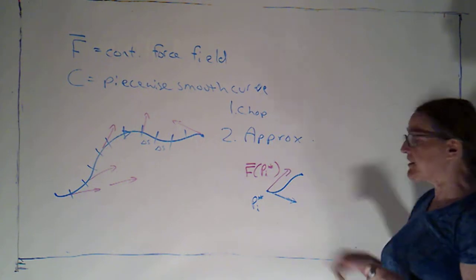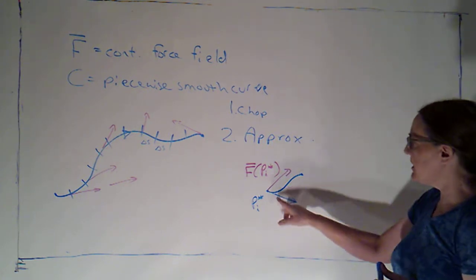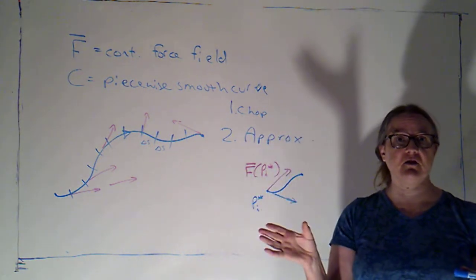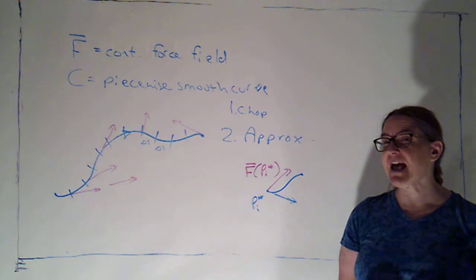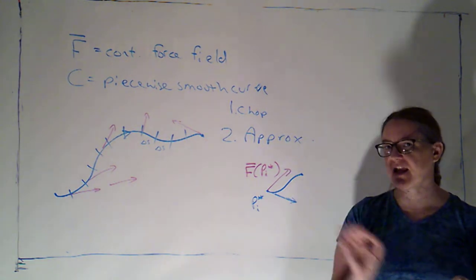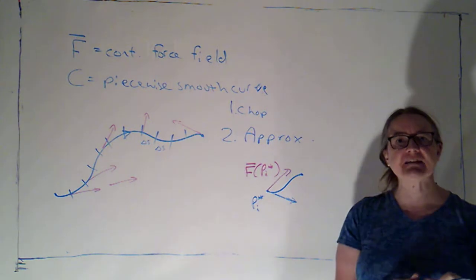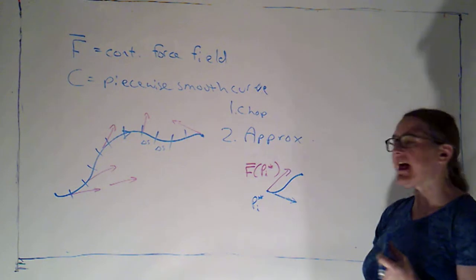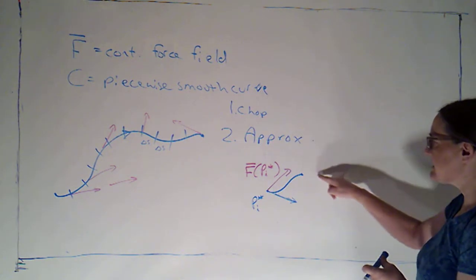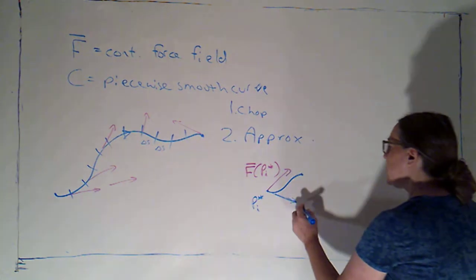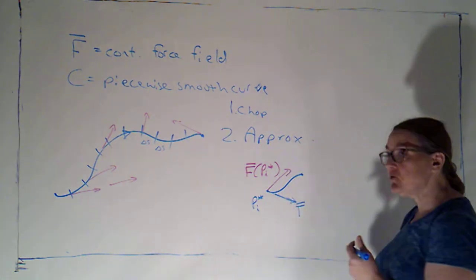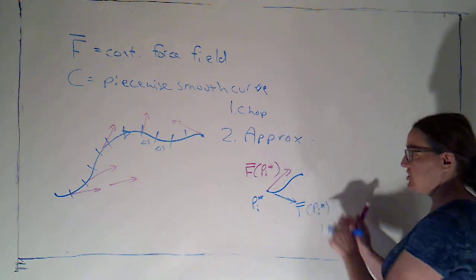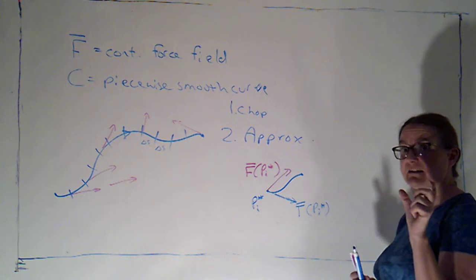For a vector that's tangent to the curve, I know that if I've parametrized the curve, r prime, the derivative, is tangent to the curve. What I like even better is the unit tangent vector at that point, because that has a length of 1, and that means if I scale that by the right value, I can approximate the distance as well. So I'm going to take the unit tangent vector evaluated at pi star. That has the right direction, but it has a length of 1.